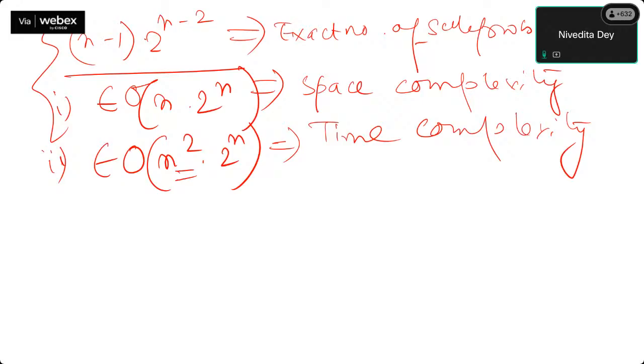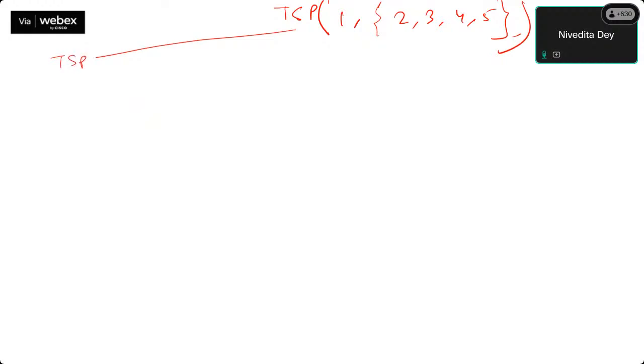Okay, so just after that, let me show you one thing. Let me show you that if only 5 vertices are there, whether the number of unique subproblems is actually (n minus 1) into that formula or not. Let me start with TSP 1, then 2, 3, 4, 5. So the subproblem from this will be TSP 2, 3, 4, 5. Then it's TSP 3, then 2, 4, 5.